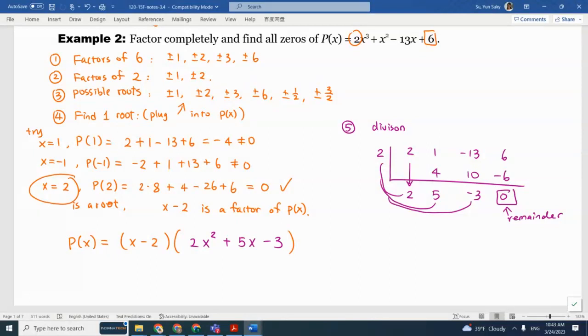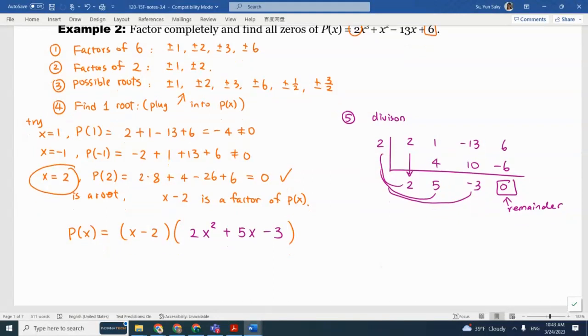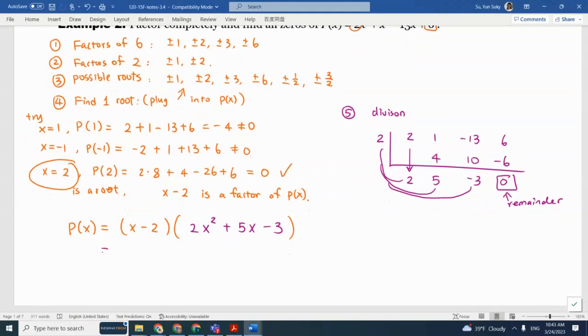You get a quadratic factor. Then you either factor it or use the quadratic formula. Let's try if we can factor it. What are the factors of 2x squared?